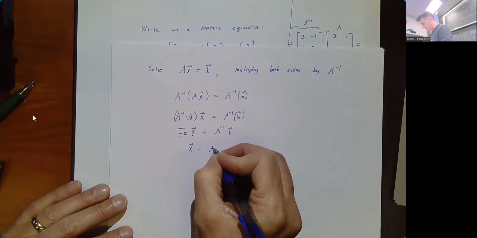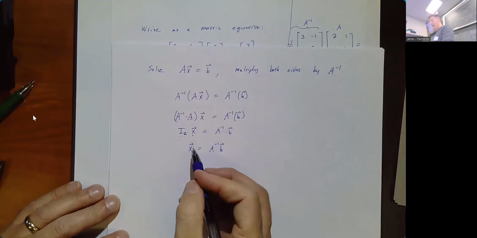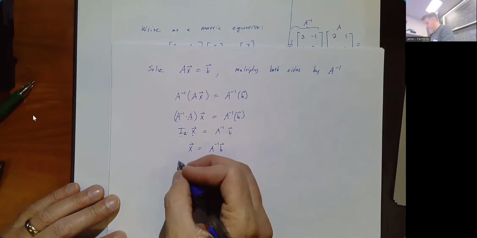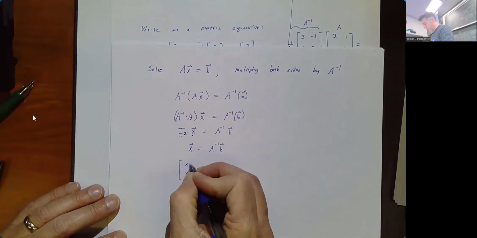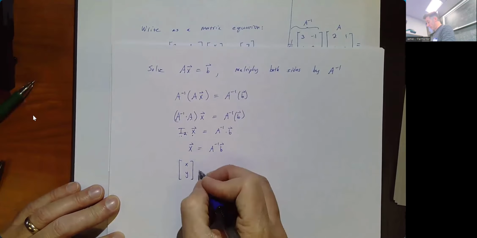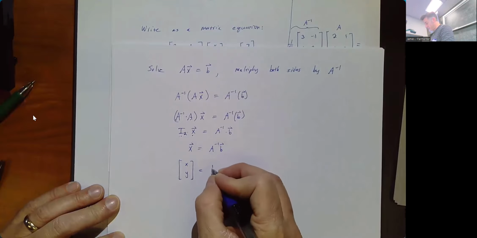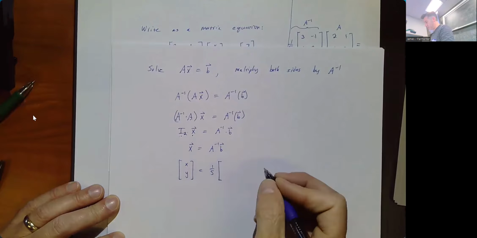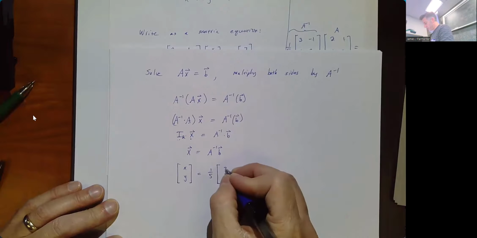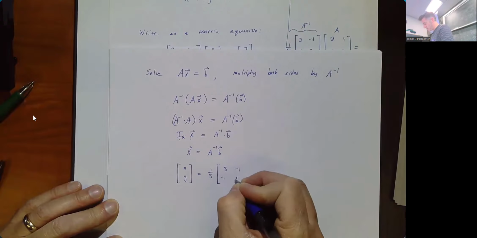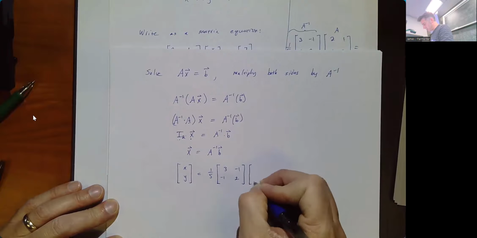So our solution is going to be that X, the thing we're trying to find, which is really the vector XY, is going to equal A inverse, which was 1/5 times 3, negative 1, negative 1, 2, times 7, 4.